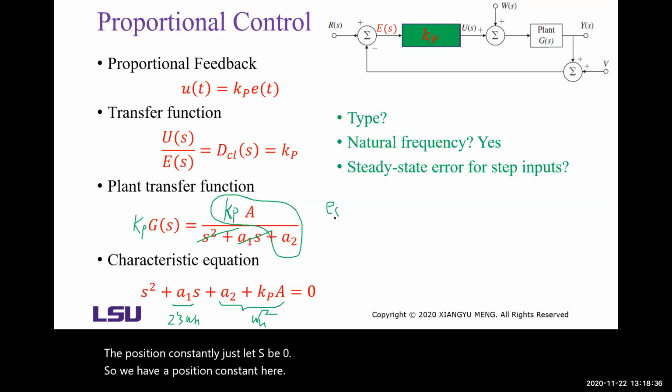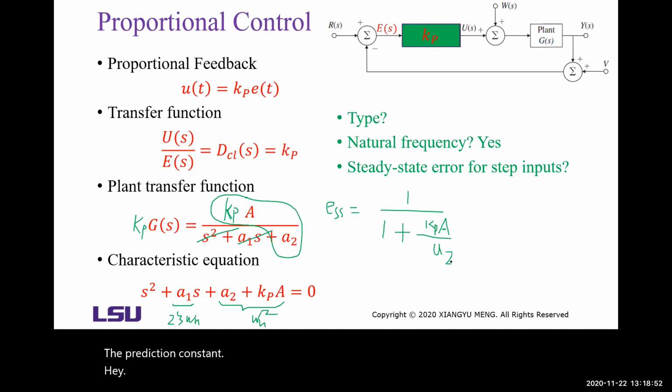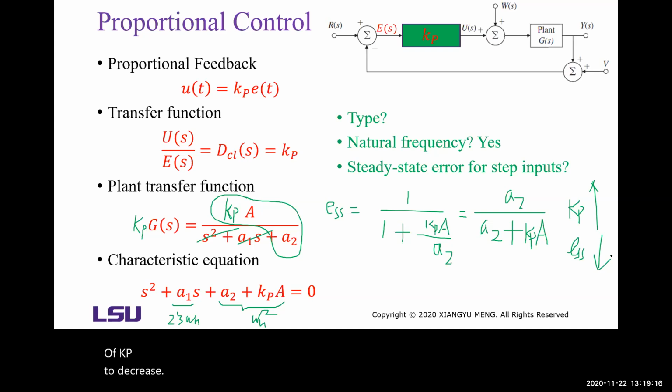Then the steady state tracking error for a type 0 system will be 1 over 1 plus the position constant, which is A2 over A2 plus Kp A. You can see that we can increase the value of Kp to decrease the tracking error for unit step input.